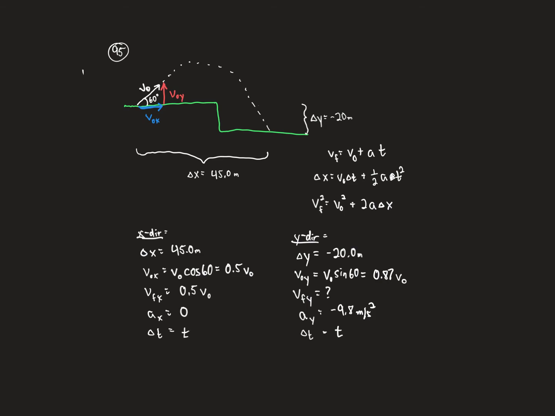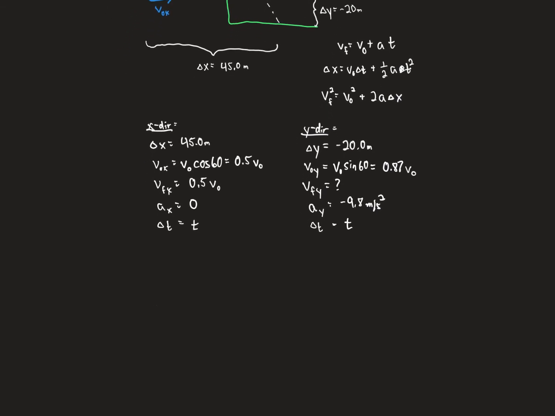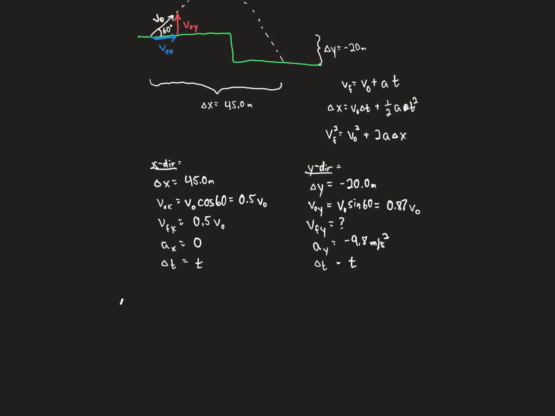Change in x. Oh, this looks like it's going to get complicated, though. Change in x equals V naught x times change in t plus 1/2 times ax times change in t squared. I can plug in some numbers, can't I? What can I plug in for change in x? 45.